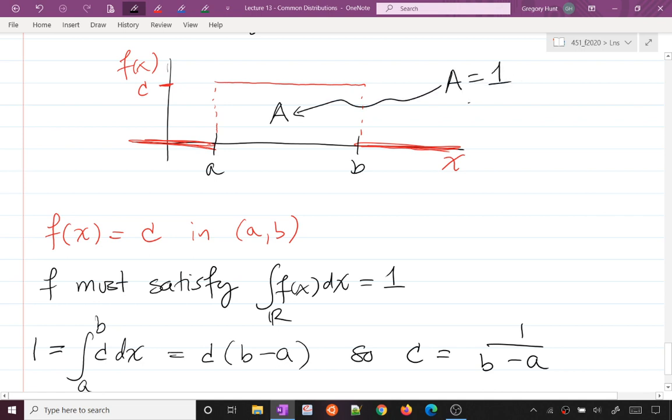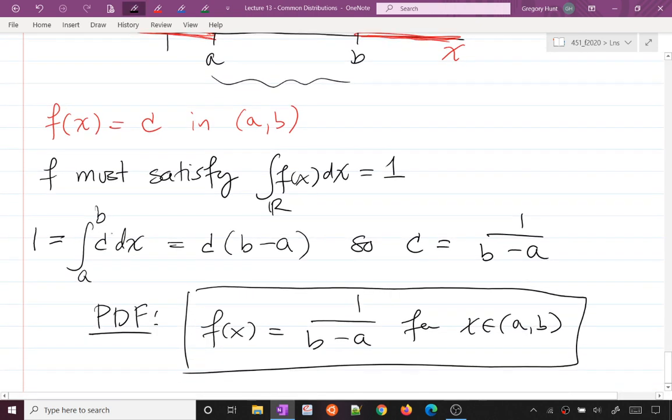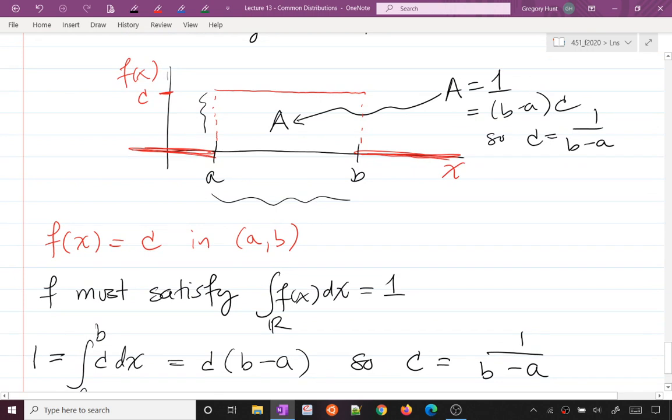This area is the length, which is b minus a, times whatever my height is, which we're calling c, and so c has to be 1 over b minus a, in order for the area to be 1. Saying that the PDF has to integrate to 1 is the same as saying the area under the PDF has to be 1. It's the same kind of thing as saying the probabilities have to sum to 1, but it's the continuous version.